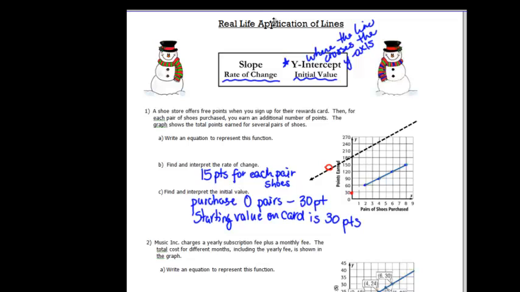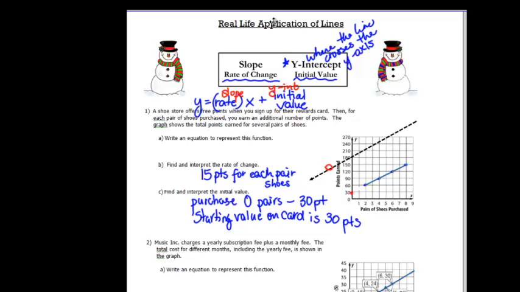Now, an equation of the function means my rate of change times the x value plus my initial value. That's what an equation looks like. So really, that's the same thing as slope times x plus y-intercept.